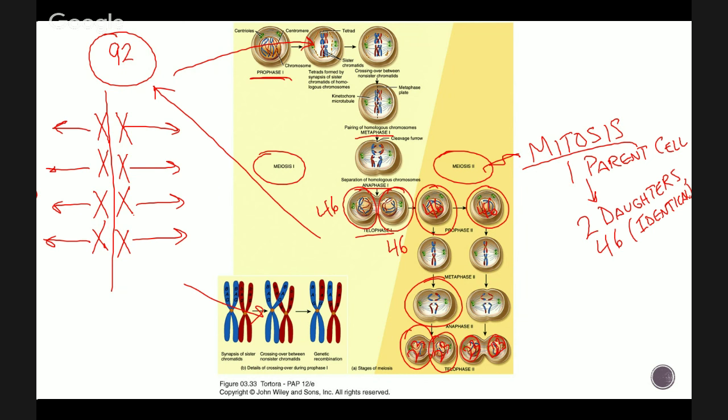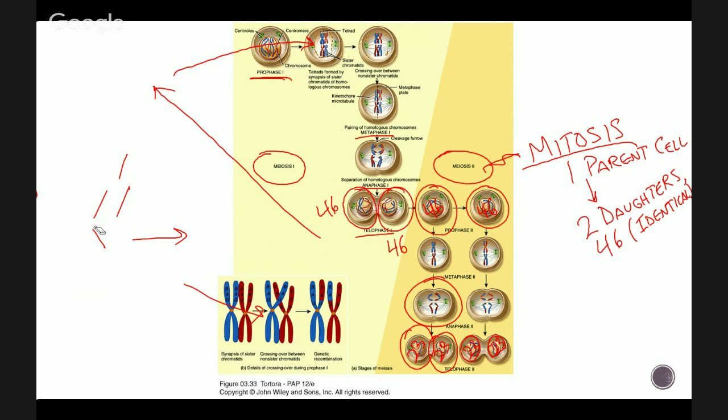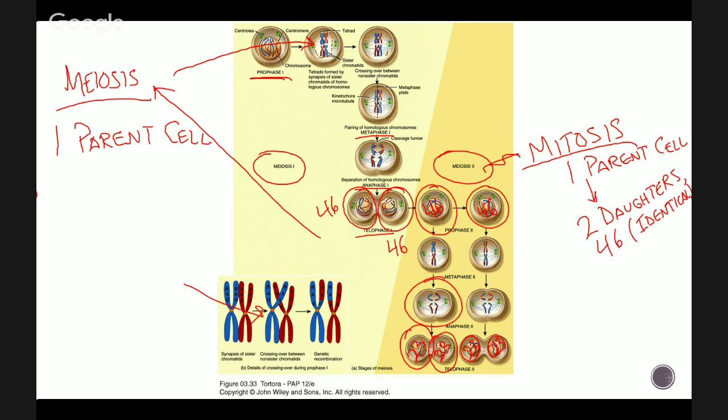As for meiosis, on the other hand, we start with one parent cell. What do we end up with?